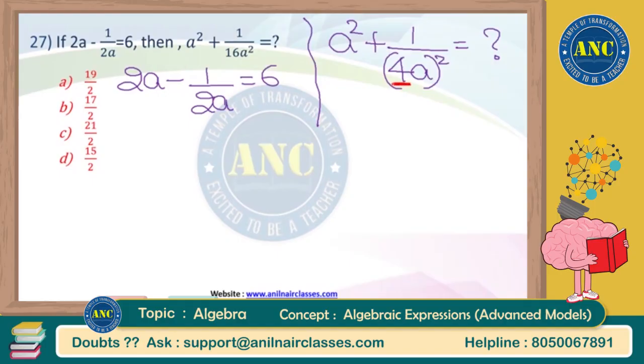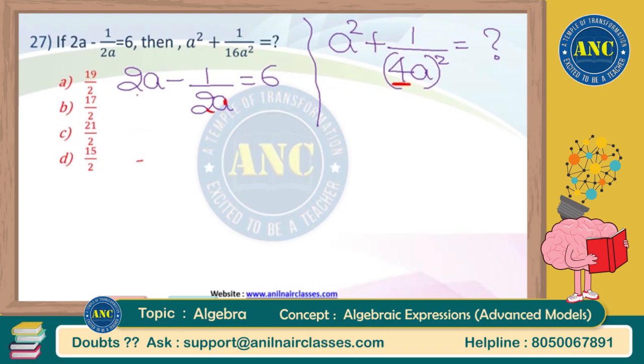The asked condition has 4 in the denominator, but the given condition only has 2 in the denominator. When the asked condition has 4, if I make the given condition also 4, it becomes very easy. It already has 2 in the denominator, so I should make it 4.